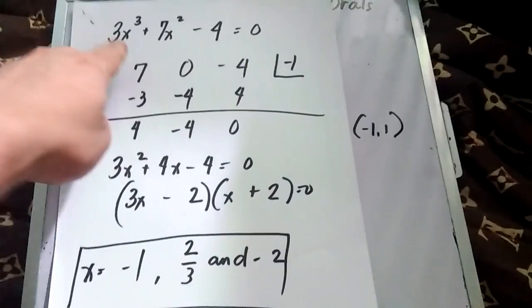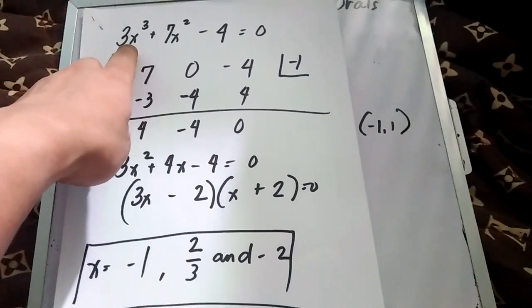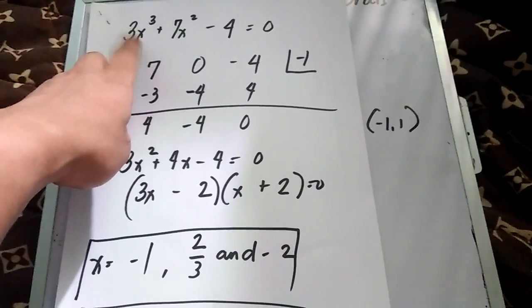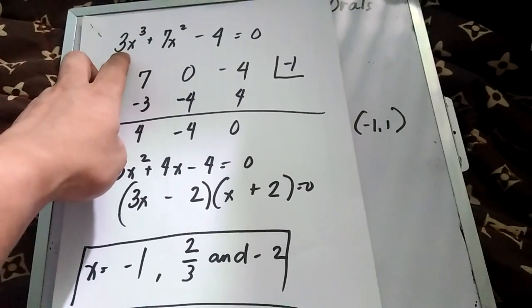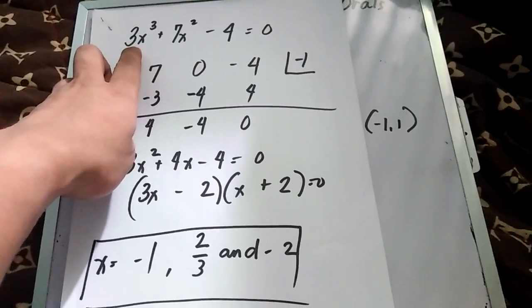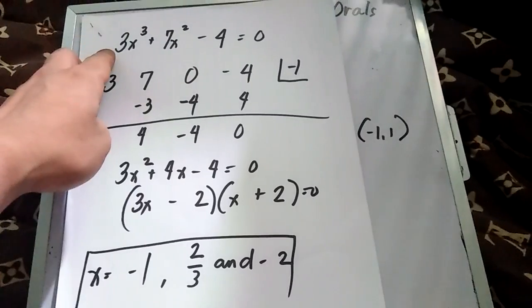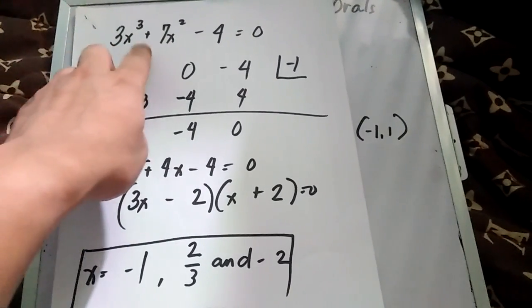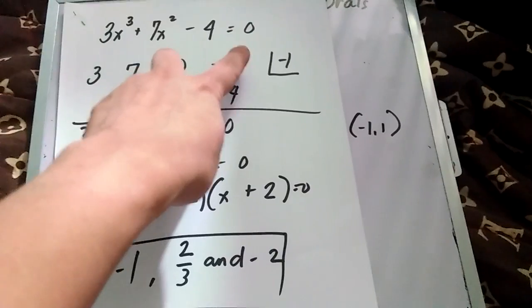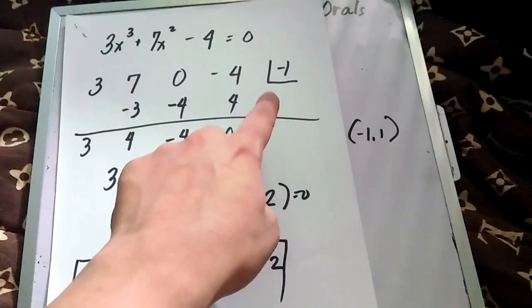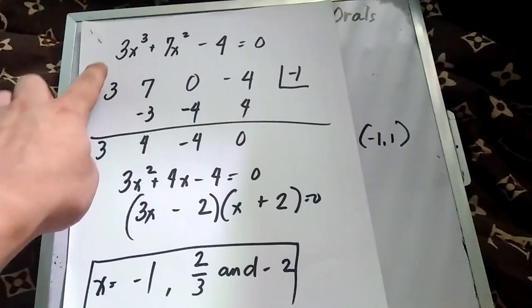Therefore, we can test if the value of x is negative 1. Sir, why negative 1? Because if x is negative 1, the first term will be negative 3, then negative 3 plus 7 times negative 1 squared minus 4, and that is equal to 0. Therefore, negative 1 is a root of the given equation.